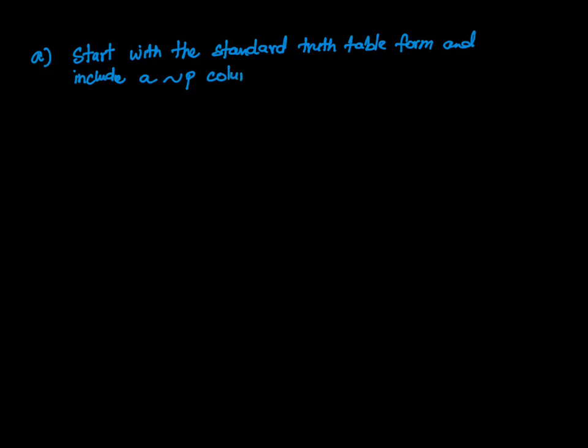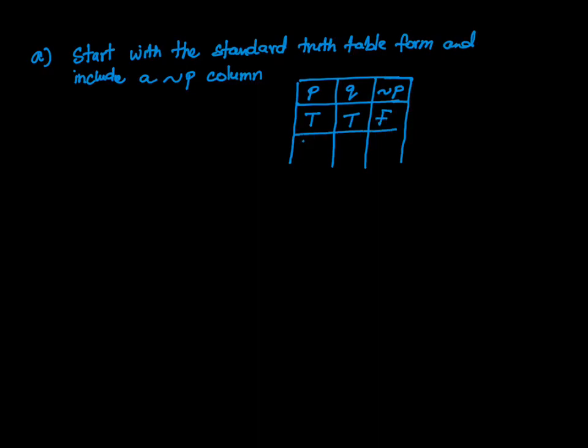So we start with that. P, Q, and then we also put the negation of P, which is false in the first row. If this is true, then the negation of true is false. If it is false, the negation of false is true.